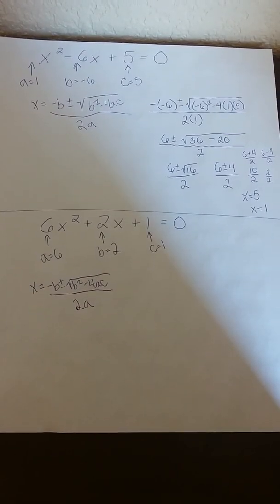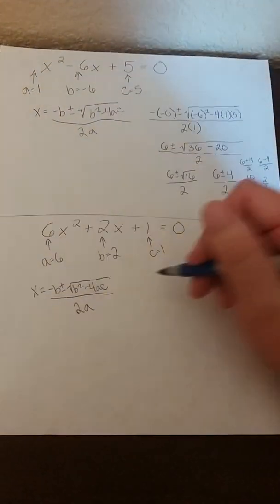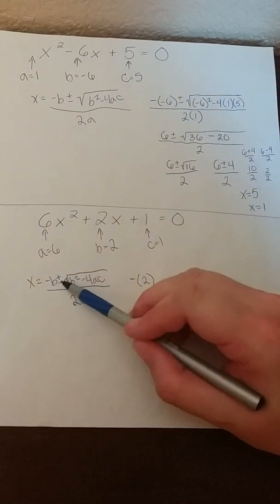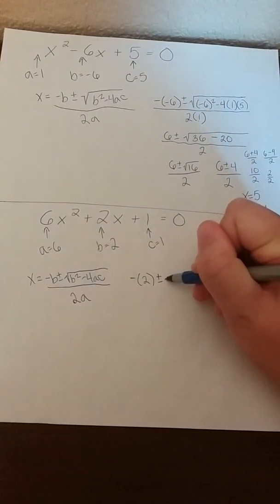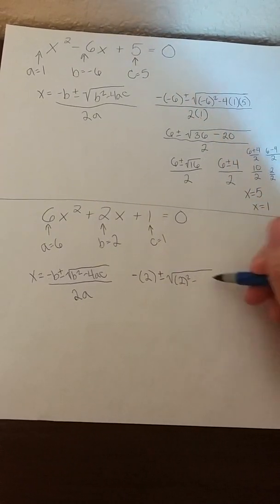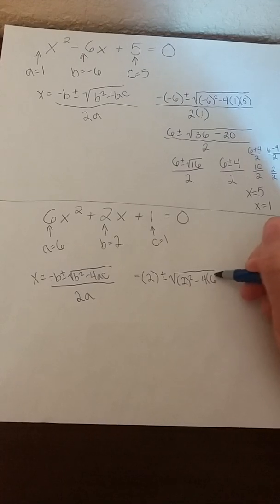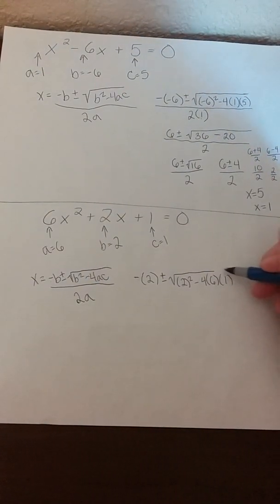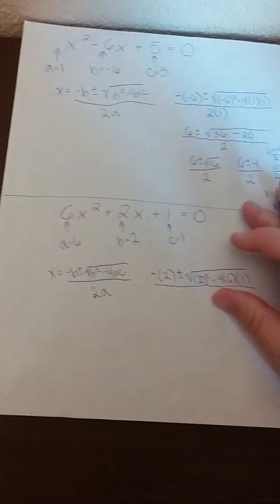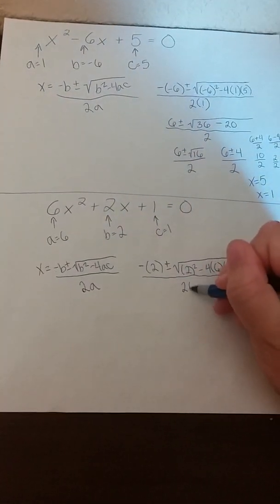I'm going to go ahead and plug things in. So this is going to be negative 2, because it's negative b, plus or minus the square root 2 squared minus 4 times 6 times 1, all over 2 times 6.